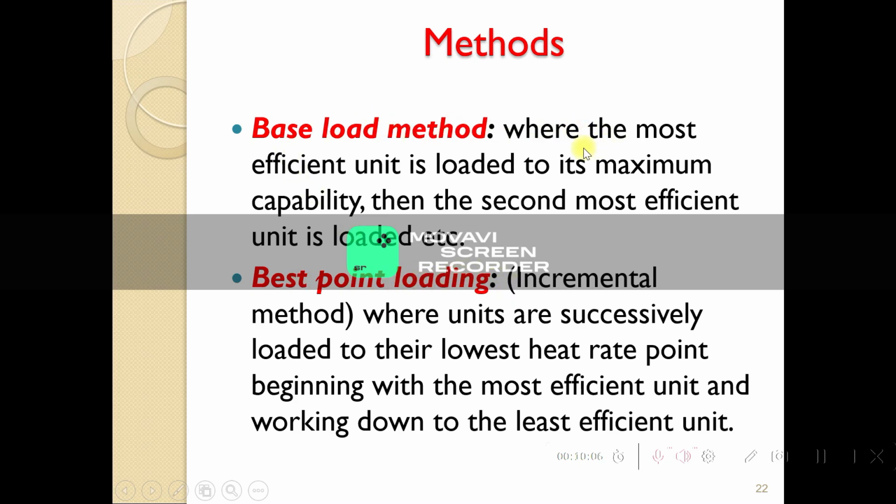In the base load method, the most efficient unit is loaded to its maximum capability. In best point loading, units are successively loaded to their lowest heat rate point, beginning with the most efficient unit and working down to the least efficient unit.